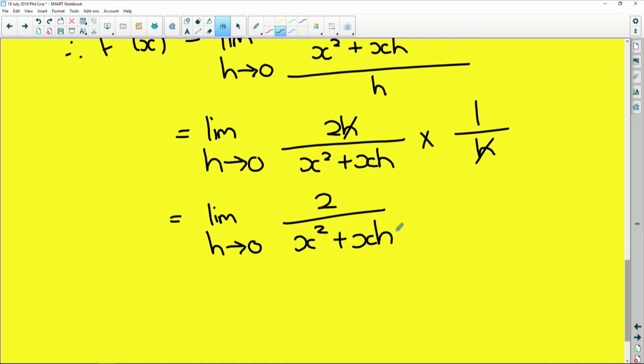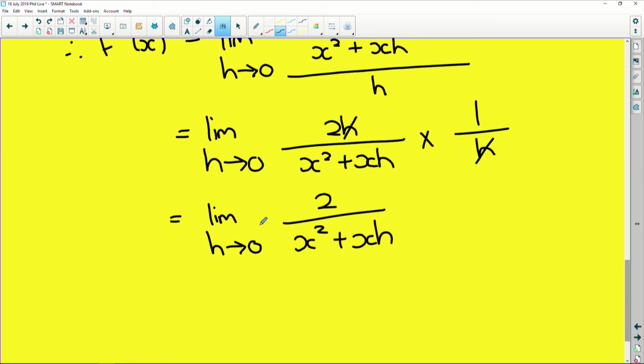And now you see we've managed to get it into a format that the h in the denominator does not mean that this is going to be undefined if we substitute h equals 0 into it. Okay, that's the whole idea of this first principles definition, trying to get away from the h in the denominator being a problem if we substitute 0 in.